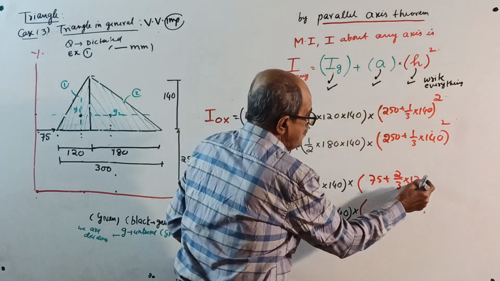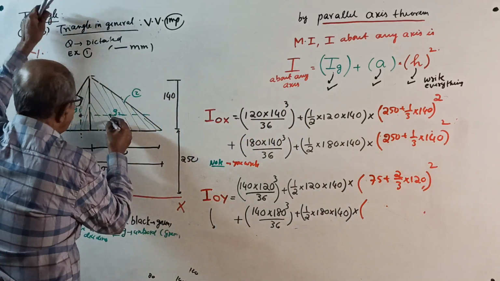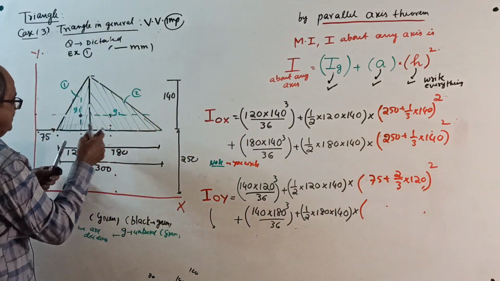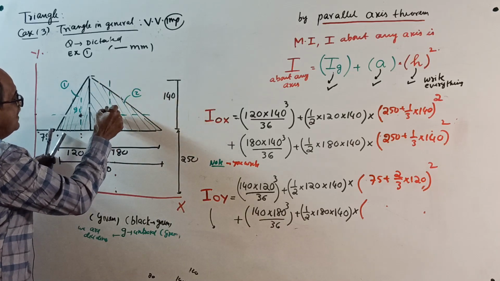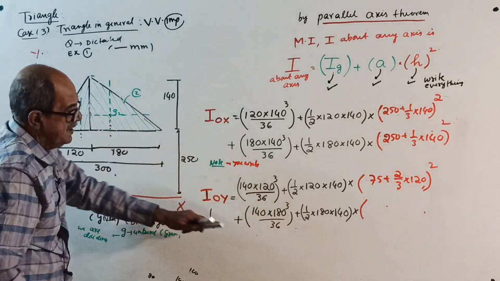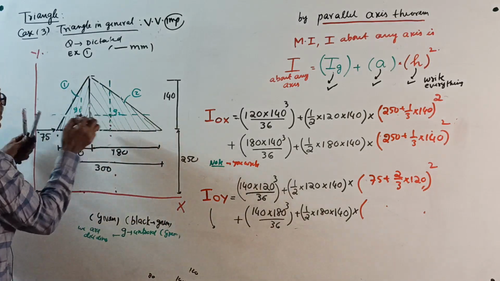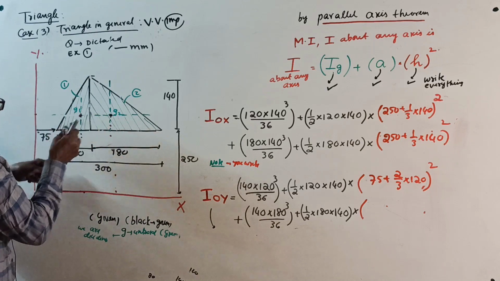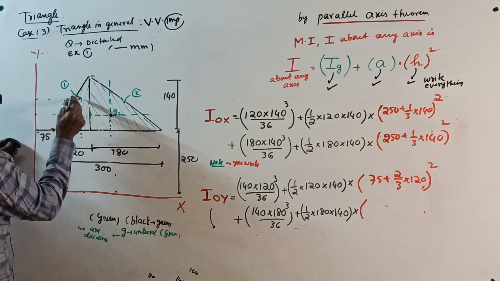2/3 of y, 2/3, I will not tell, square, plus for this one. First about its own centroidal axis here. Parallel side, 140 into 180 cube by 36 plus half into 180 into 140, area into from this centroid to OY, this distance square.